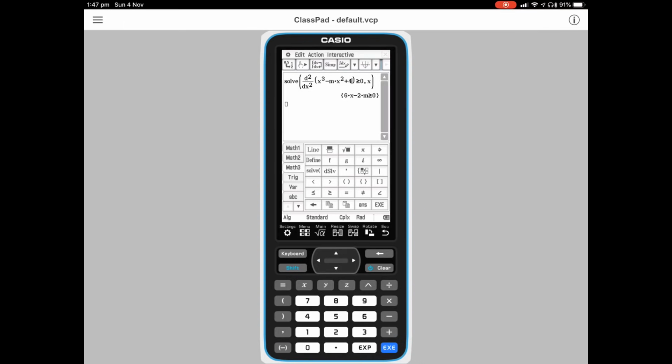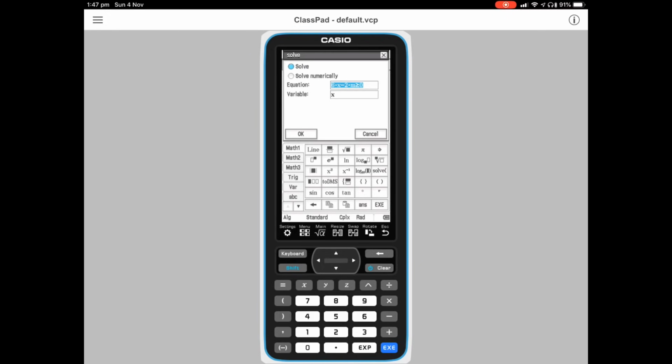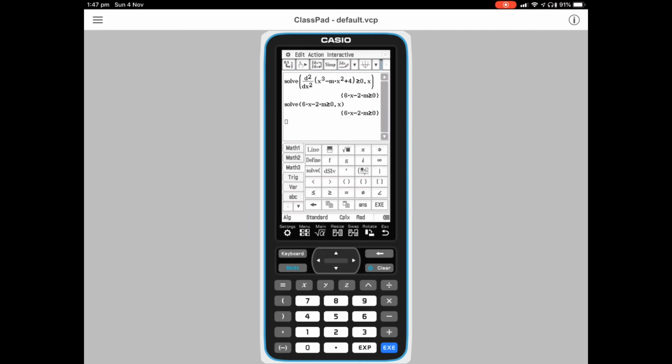I don't get why. So if we solve that, solve for x. What?